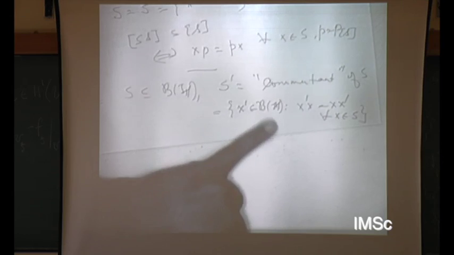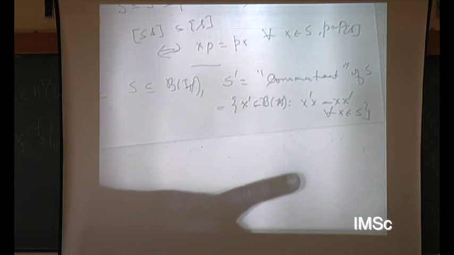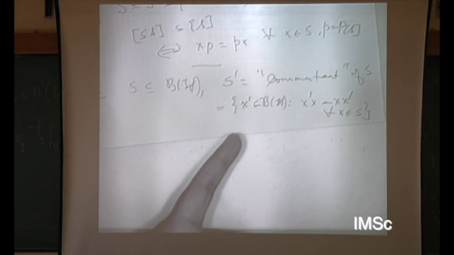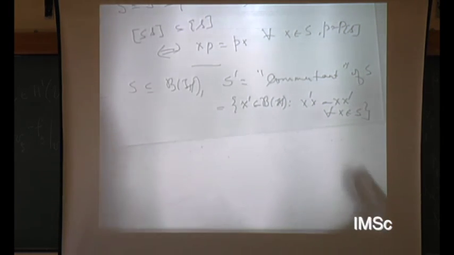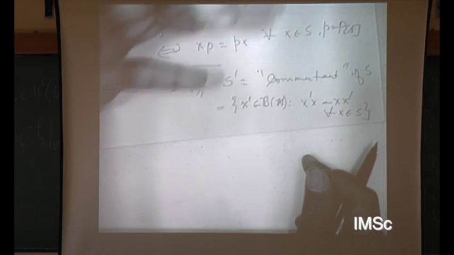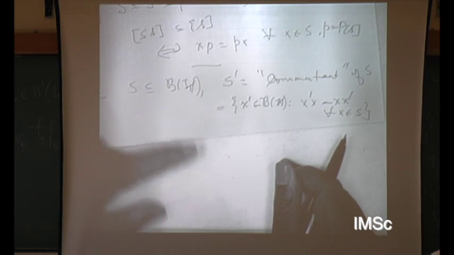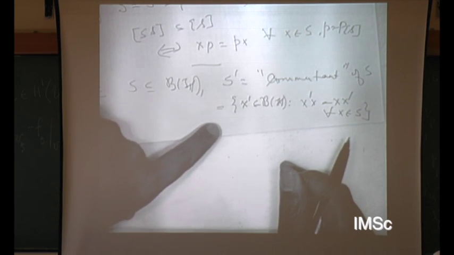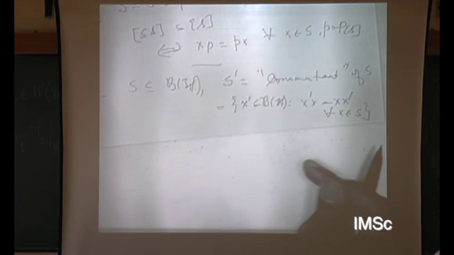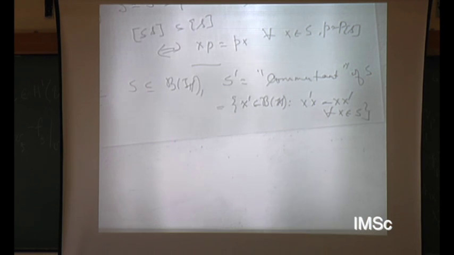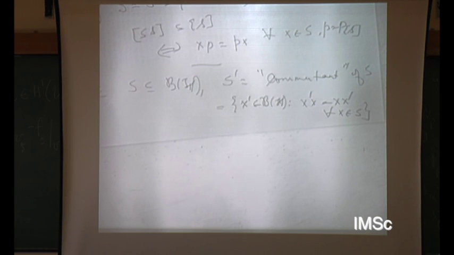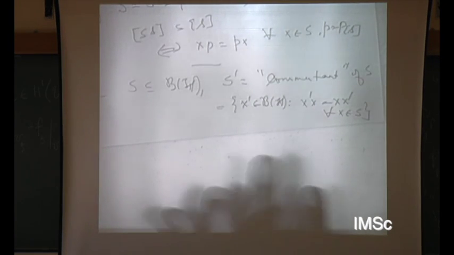I could have written y in B of H so that yx equals xy for all x. This works as well. But this notation is deliberate, because if you consistently write x prime for things in something prime and the unprimed for things in S, then without even thinking you know that if you have an x prime and you have an x, they will commute. So it makes algebra much simpler.